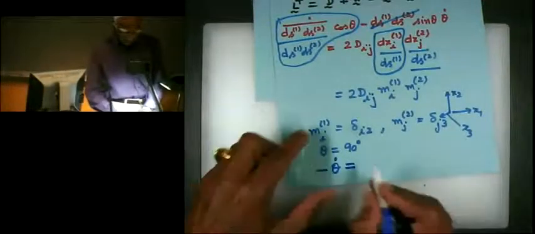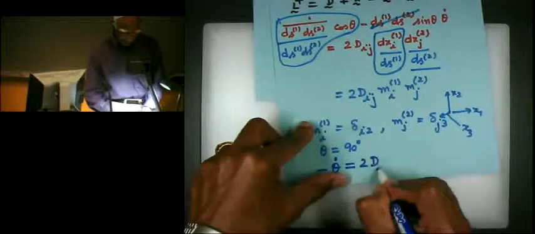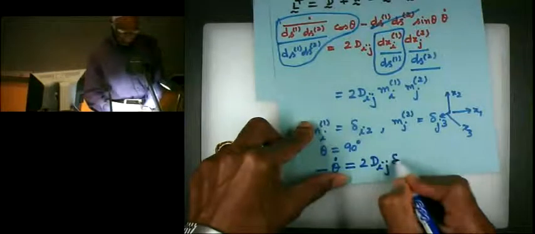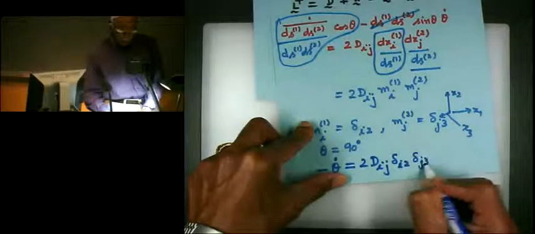I mean, if you like, you can evaluate it, but you don't have to. So cosine 90 is 0, sine 90 is 1. So what we get then is minus theta dot equal to twice Dij delta i2 delta j3, and that's twice D23.